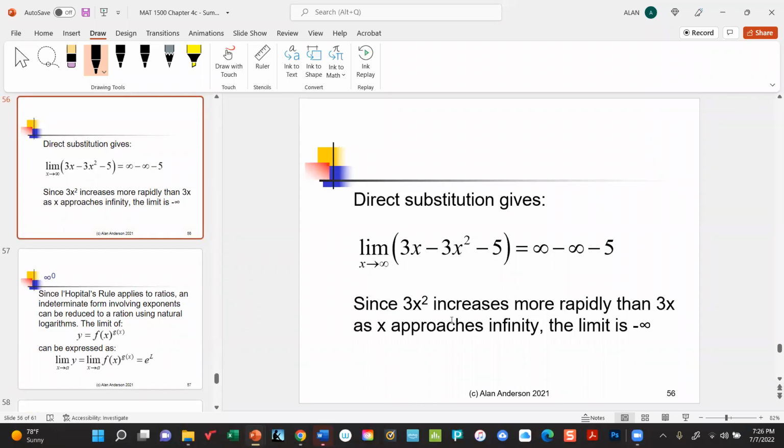You don't even need the graph, because 3x is a linear function, which is increasing more slowly than 3x squared. So you're subtracting a function that's getting bigger very quickly from a function that's not changing as much. So the net result would have to be negative infinity.